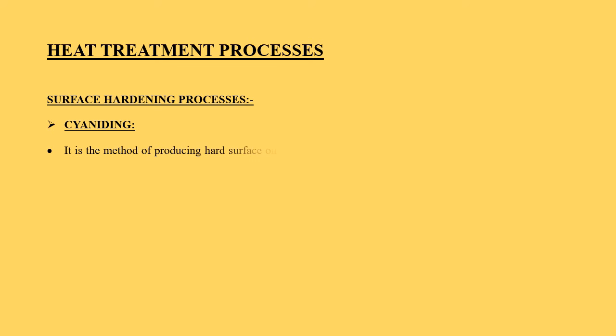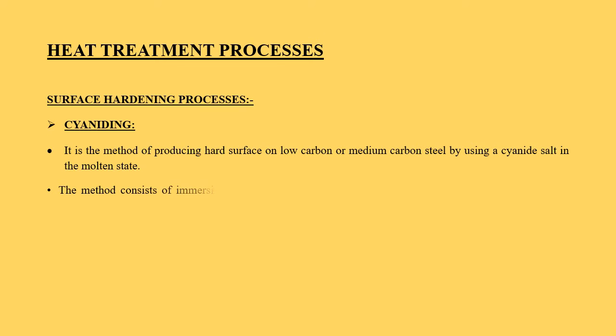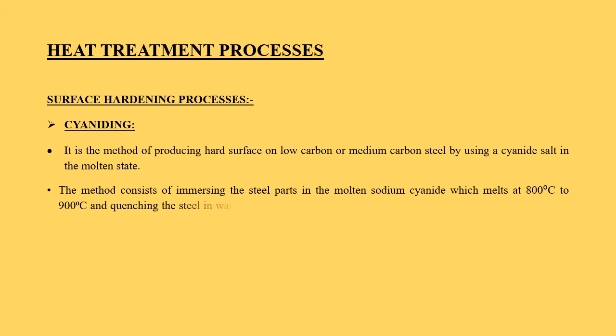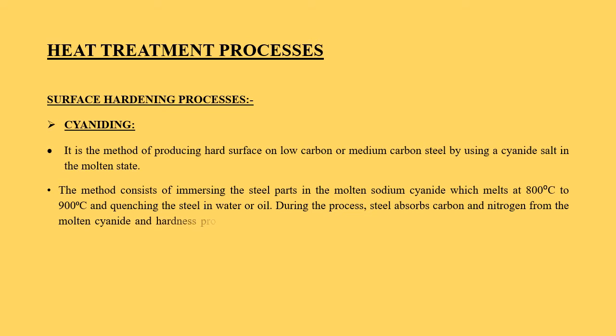Cyaniding is the method of producing a hard surface on low carbon or medium carbon steel by using a cyanide salt in the molten state. In this process, at first, the steel parts are immersed in molten sodium cyanide, which melts at 800 to 900 degrees centigrade, and finally the steel is quenched in water or oil.